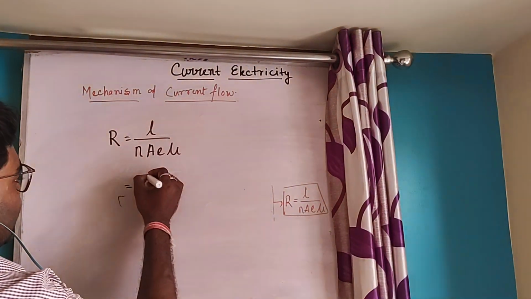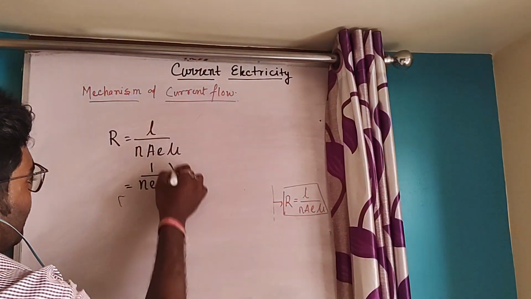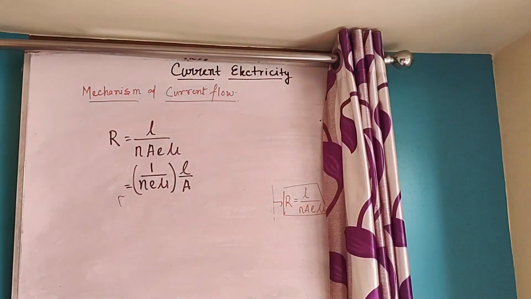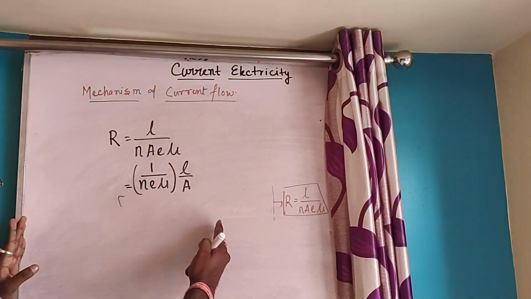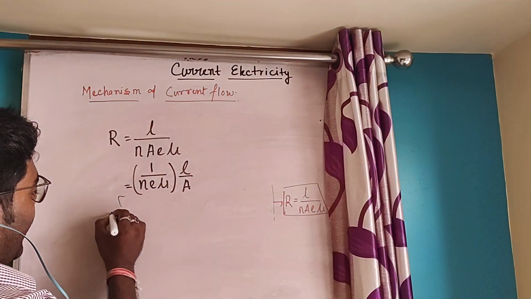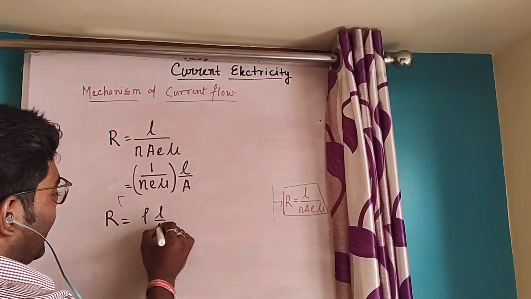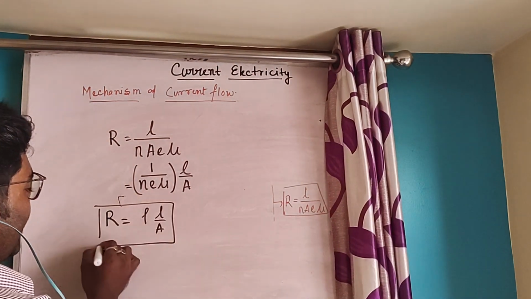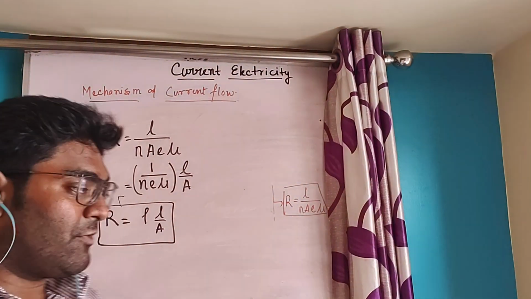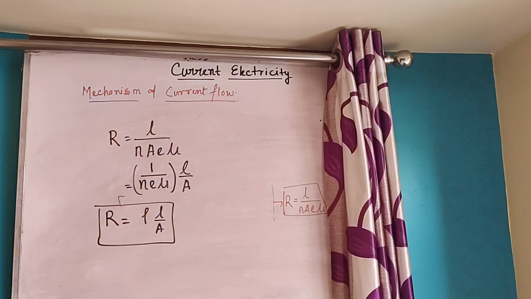Now see, 1 by N E into mu, times L by A. This term is also constant, and we know that R equals rho L by A. This we have already learned. For a specific conductor, resistance R is equal to rho L by A.